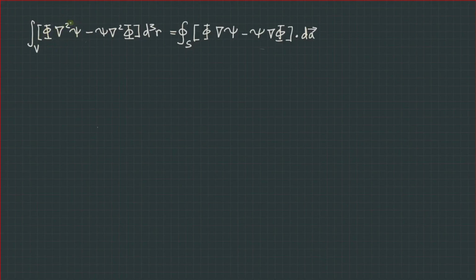The del squared of psi, because our psi is now G, we can write as phi of r dash del dash squared G. If you notice, we are changing the variable of integration from the unprimed variables to the primed variables. So it's just a change of variables, whatever your convention is.